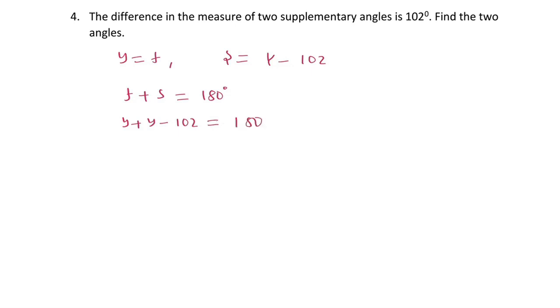Okay, so now let us combine the constant terms. We are having 2y equals 180 plus 102. Solving this, we are having 2y equals 282.